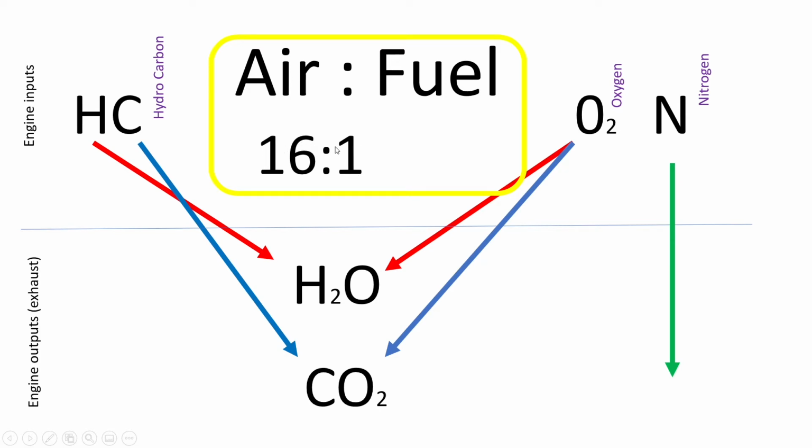If we run on this weaker mixture, we will produce more heat. It's actually much more efficient in terms of producing heat. But the problem is that now the nitrogen oxidizes and we produce oxides of nitrogen. So that's a bad thing, that's a dangerous gas.